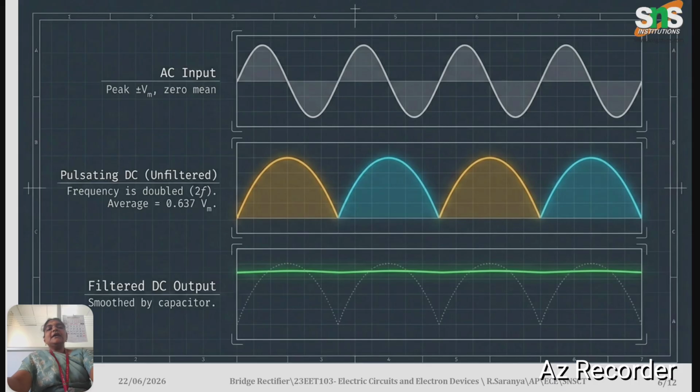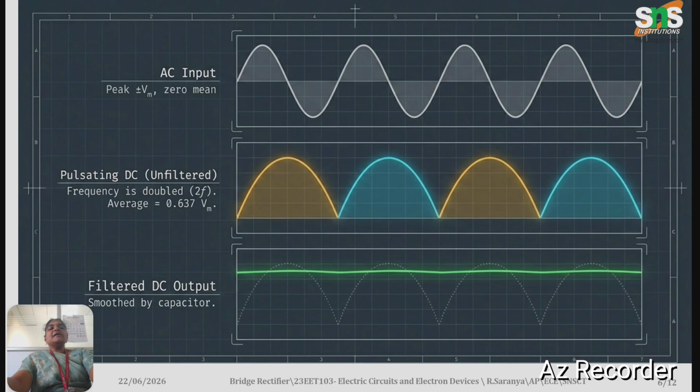Coming to the output characteristics, the first one is the AC input applied to our transformer, which has a peak voltage of Vm and a zero mean. The next diagram is the pulsating DC unfiltered output.